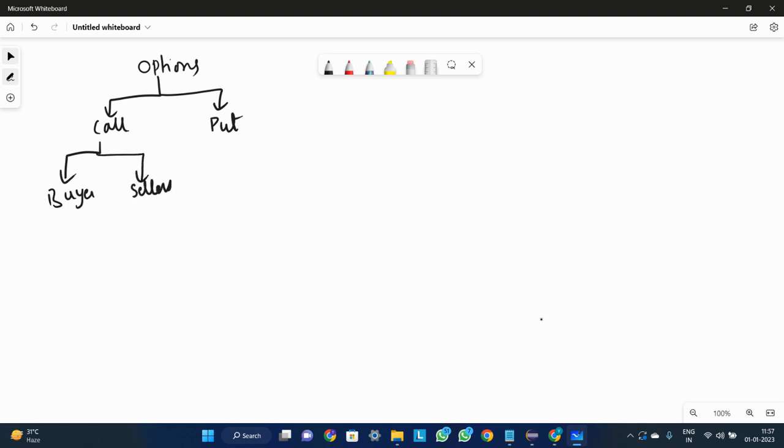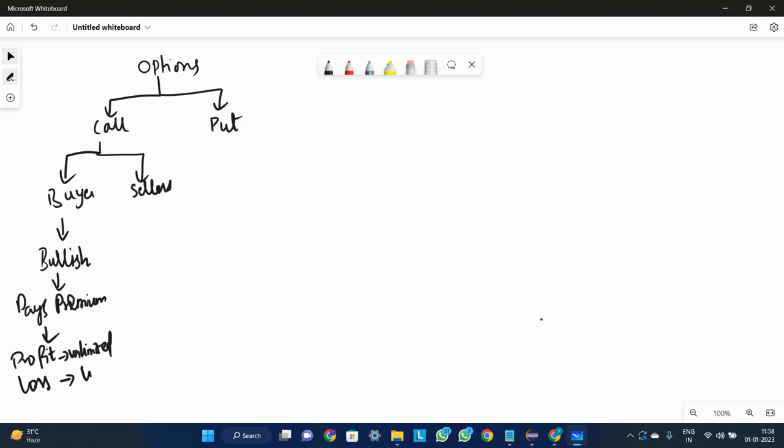So a call buyer basically believes in a bullish narrative. He pays premium, and the profit is unlimited, and his loss is limited.